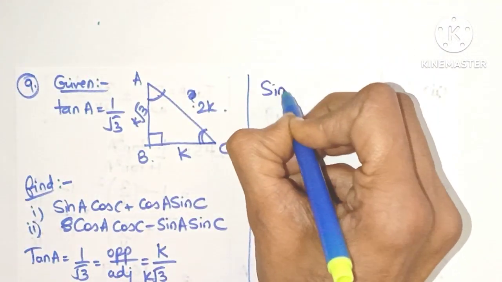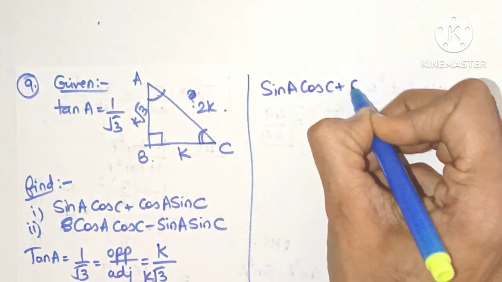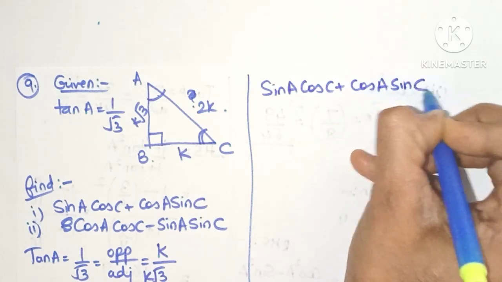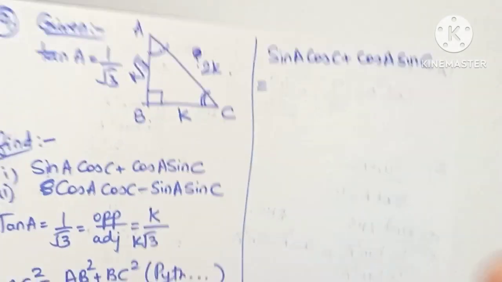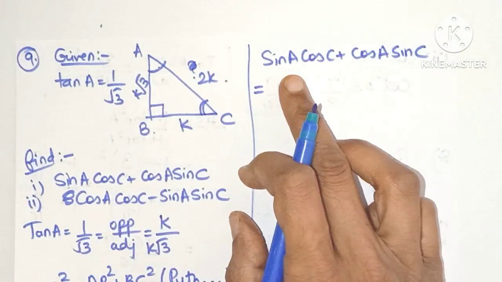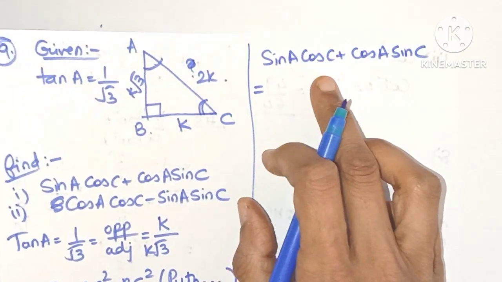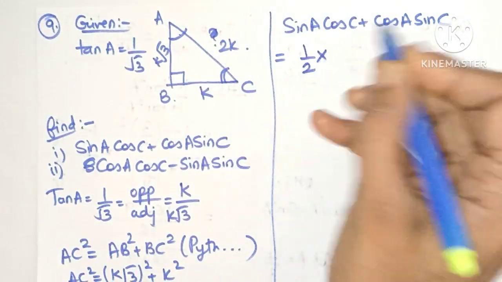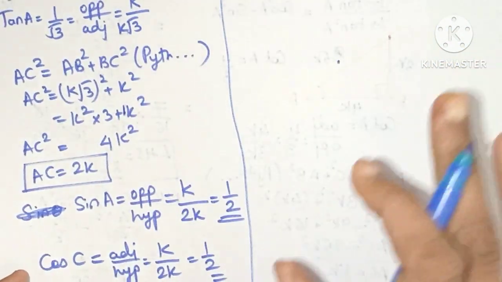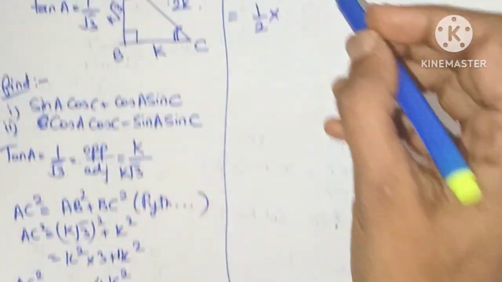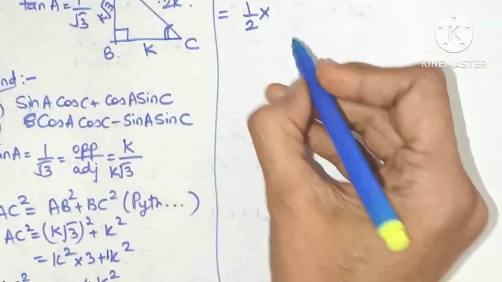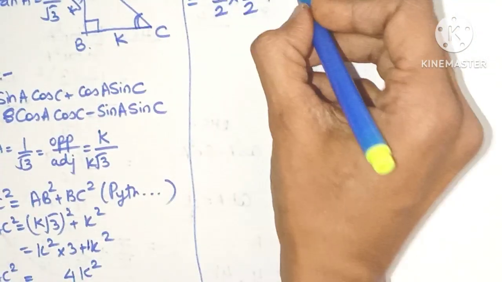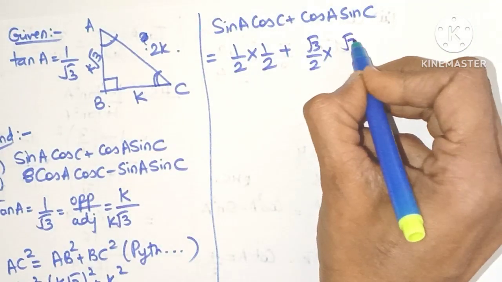Okay, now let's write what we have to find. We have to find sine A cos C plus cos A sine C. Now very carefully substitute, friends. Here's where you need to take care. Don't mix up A and C ratios. So sine A, I have to take half. Okay. So if you take care of these small things, you will definitely get the correct answer. So cos C is going to be half again, plus cos A is square root of 3 by 2 and sine C is also square root of 3 by 2.